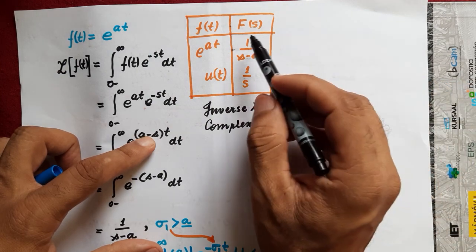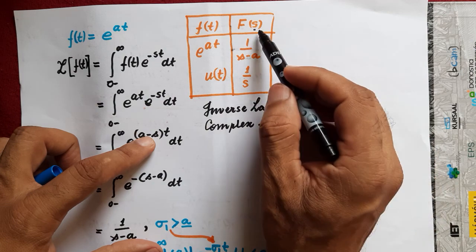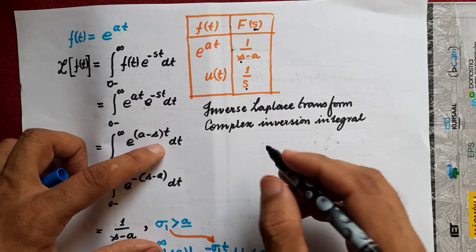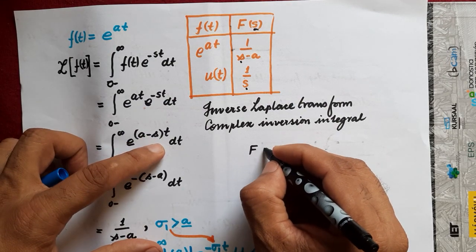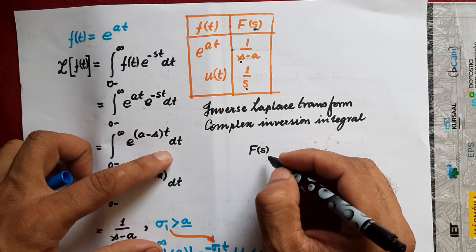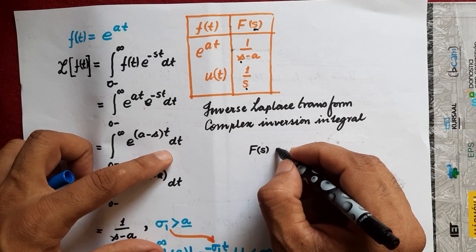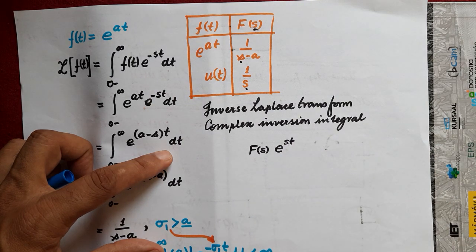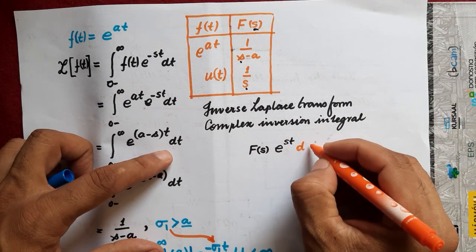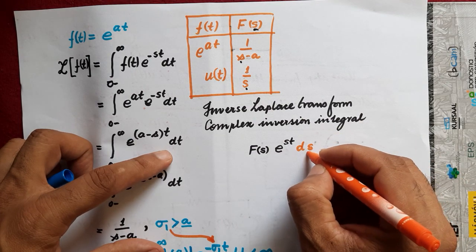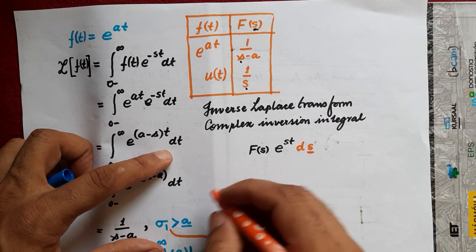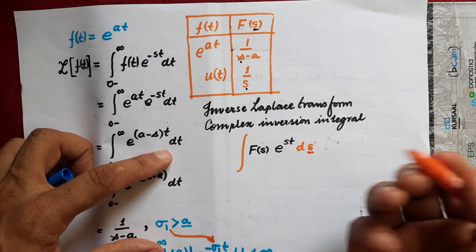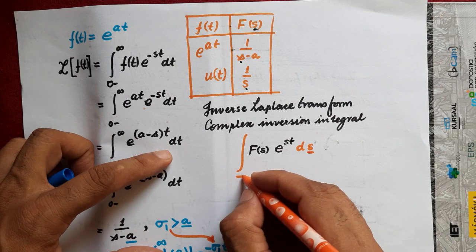Because we now have F(s), where s is a complex quantity. So if you want the inverse Laplace of F(s), it is going to be the integral of F(s) e to the power st, and the dt term will be ds. This is no longer real, this is complex, and our limits of integration will also be complex.